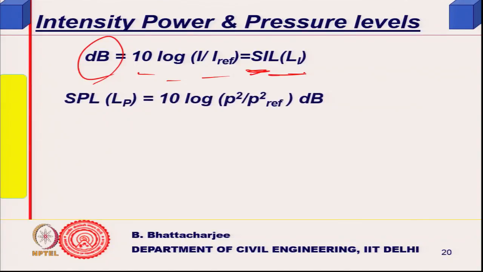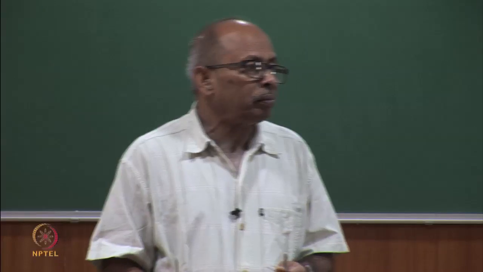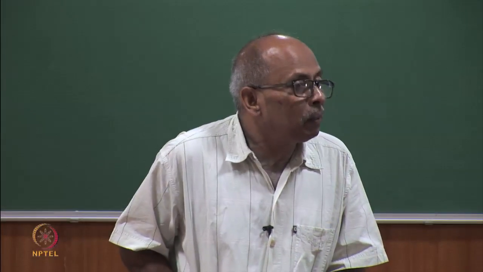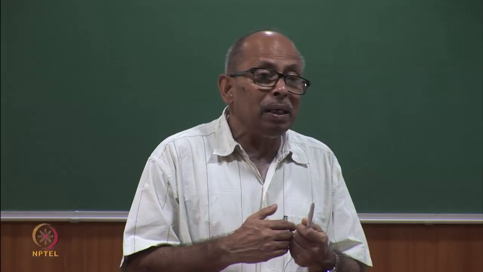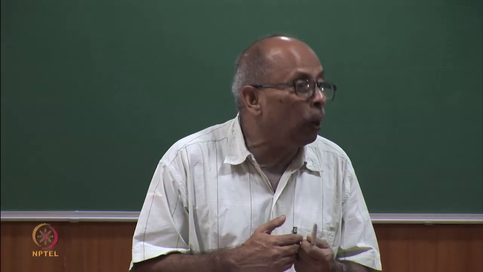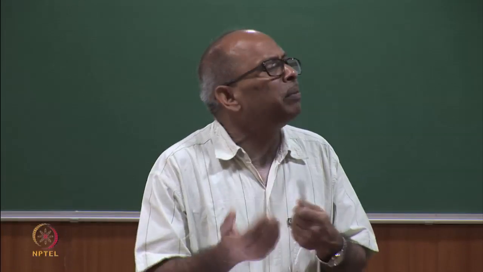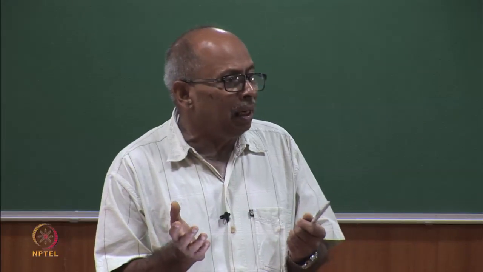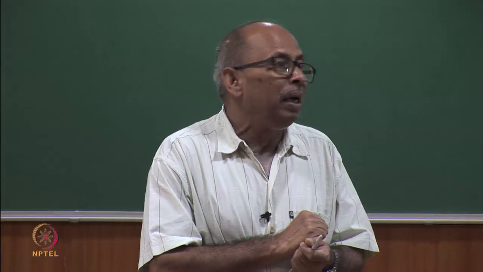Intensity is not directly measurable, but we can measure pressure. If I divide it by the reference pressure square, take 10 log, that will be a relative scale. So even pressure level I can express in terms of decibel.